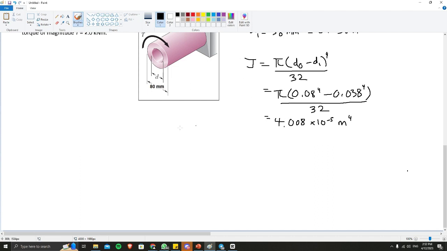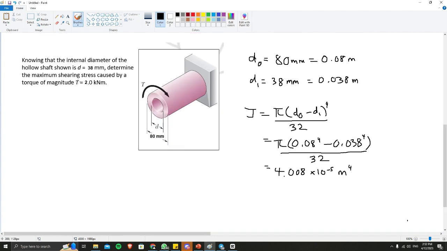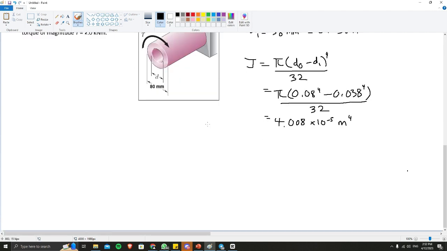Okay, so following here, we can find the maximum shearing stress for this whole shaft. So the formula is as follows, and then we simply put it in.